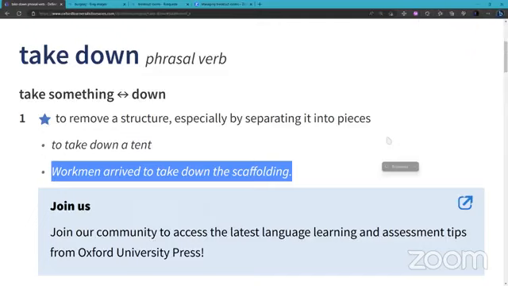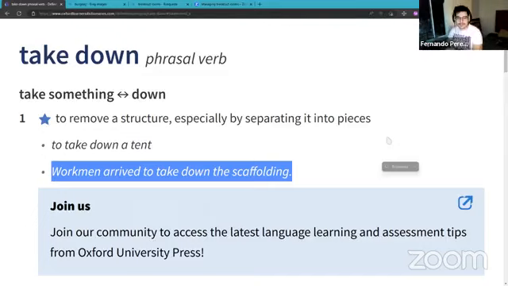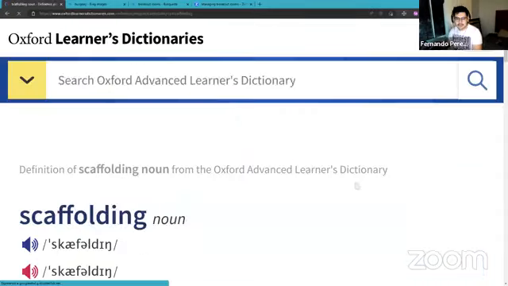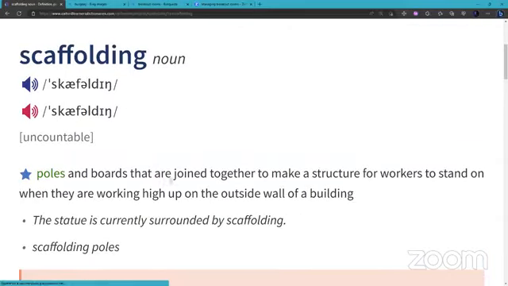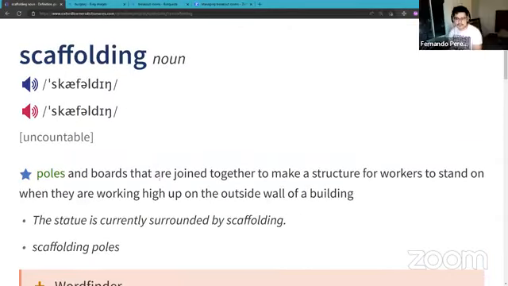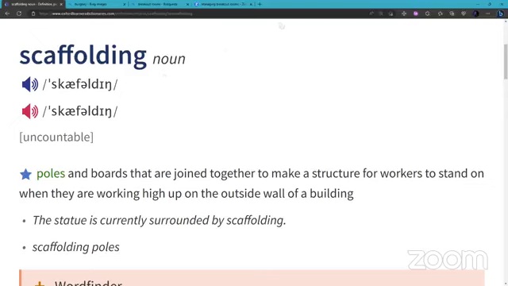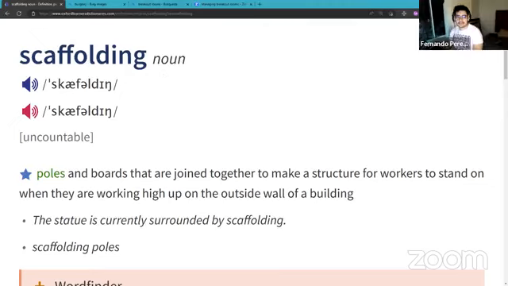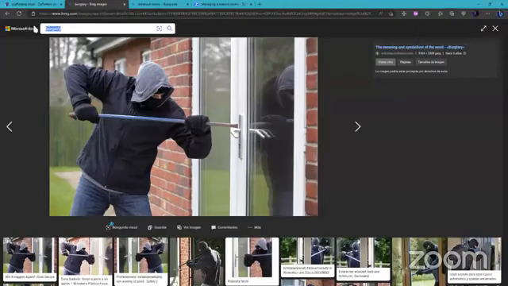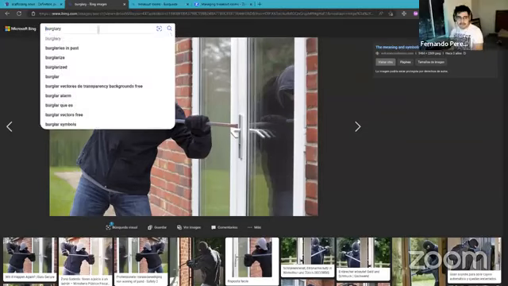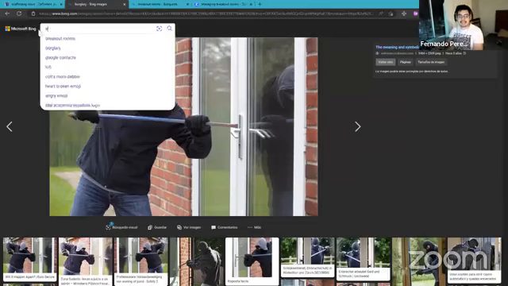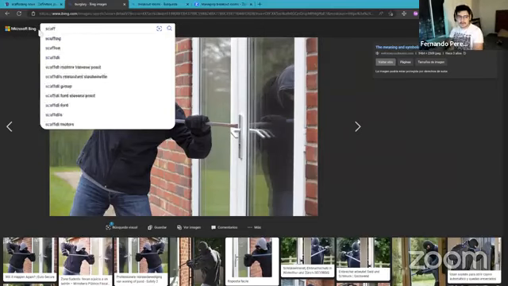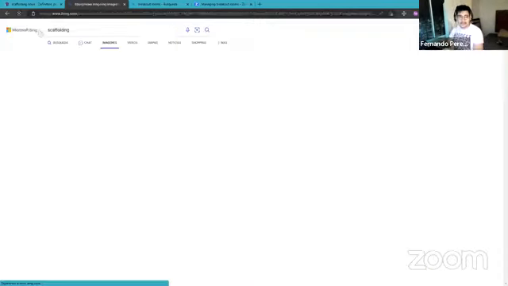Okay. What is scaffolding? That's a good question. Poles and boards that are joined together to make a structure for workers to stand on when they are working high up. Yes, like when there are some people painting, or cleaning the windows in very high buildings.